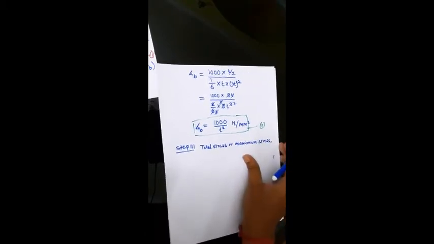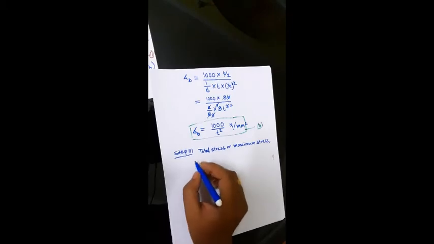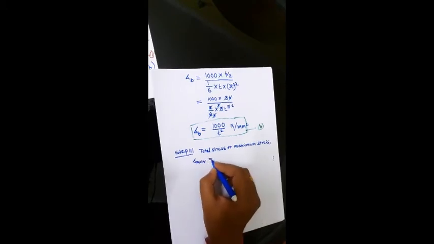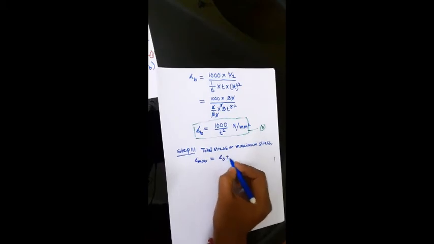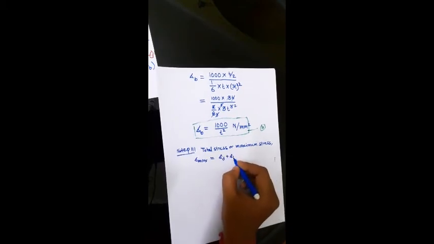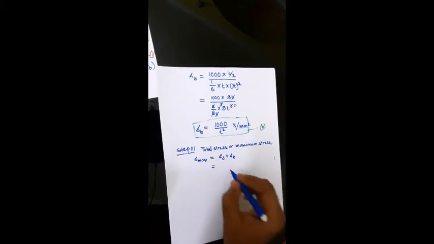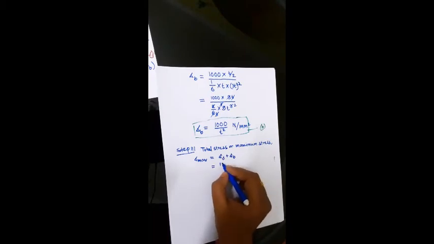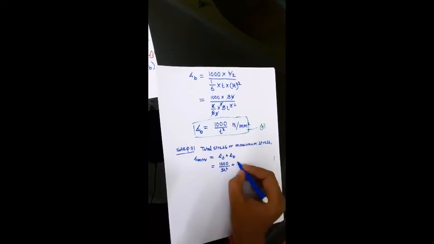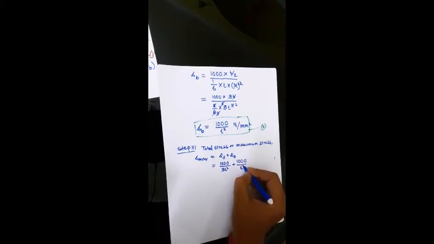Remember, from the concept we have already derived, the value of sigma max will be nothing but sigma d, that is direct stress, plus sigma b. So we have got sigma d value 1000 by 3 t square, and sigma b value we have got as 1000 by t square.